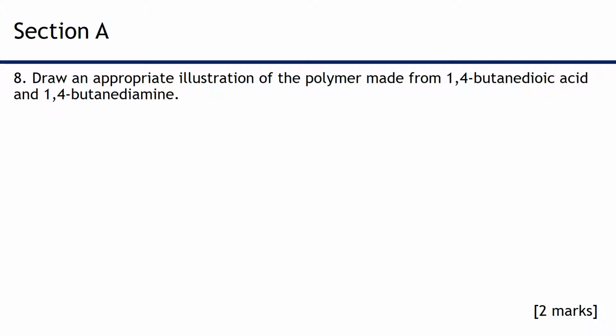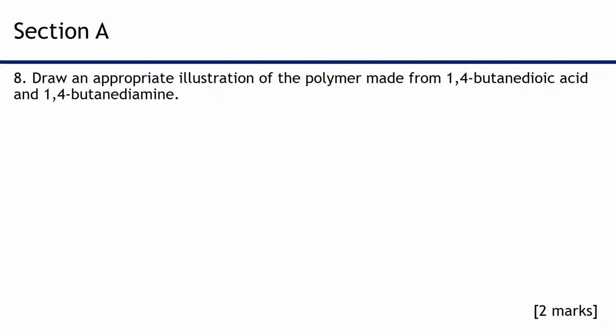Question 8. Draw an appropriate illustration of the polymer made from 1,4-butanedioic acid and 1,4-butane-diamine. So the first thing you might want to do here with this question is to actually work out what the structures of 1,4-butanedioic acid and 1,4-butane-diamine are. So one of them is going to be a carboxylic acid that's given away by the oic acid, and the other one is going to be an amine given away by the amine in its name.